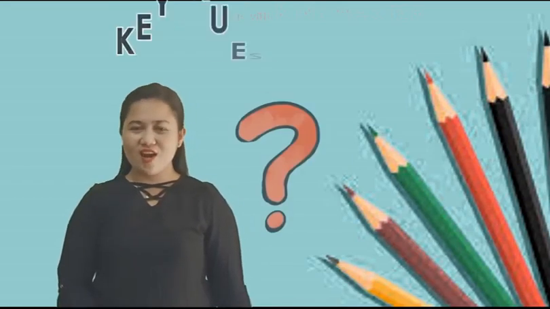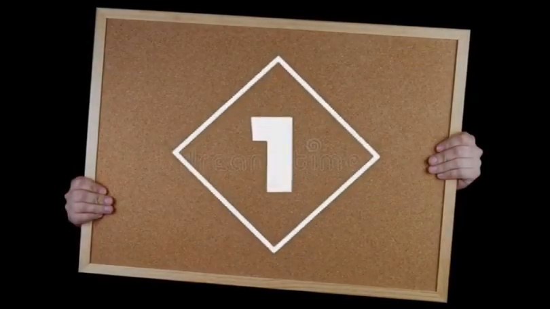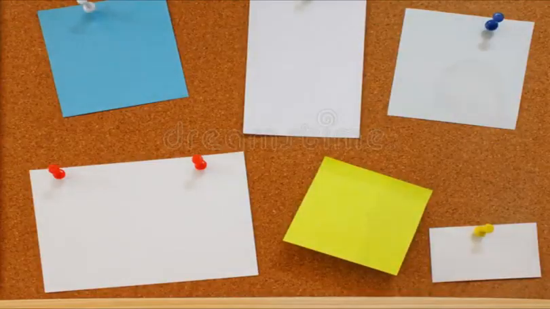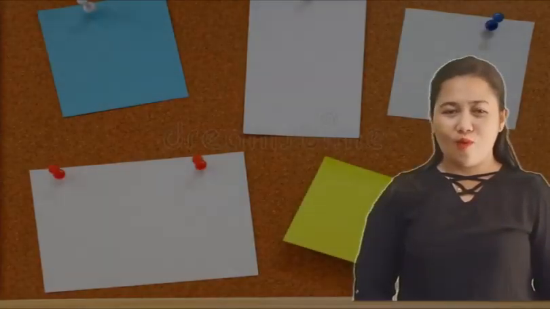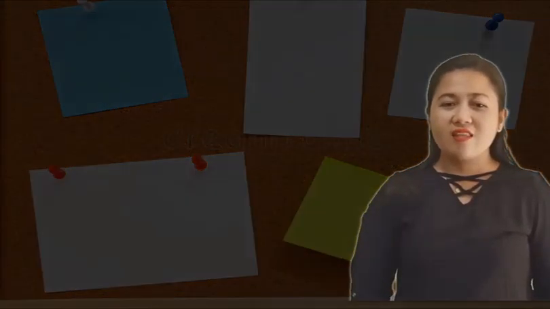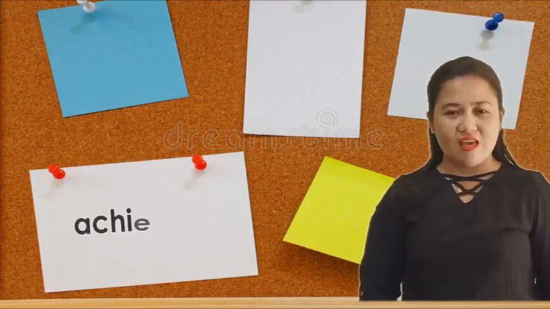In identifying, selecting, writing, and sequencing objectives, the committee should consider these several key questions. Number 1. Is the objective measurable and how will it be measured? Measurement is hugely important because it will enable you to know whether an objective has been achieved.